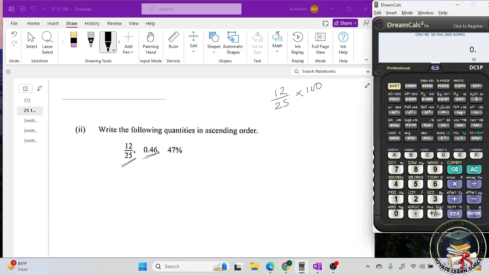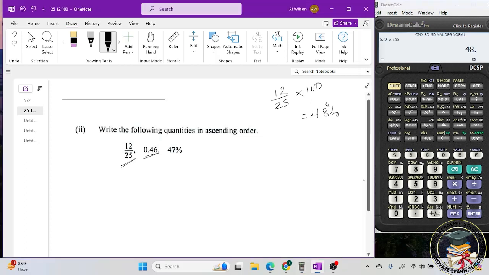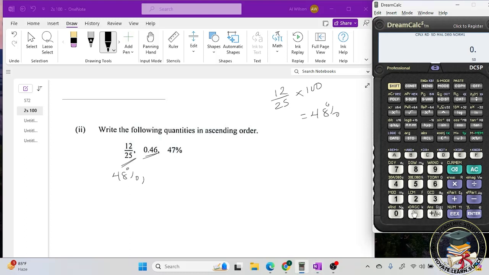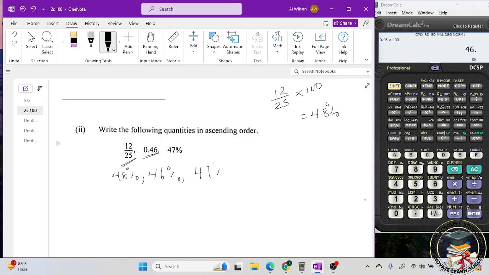That's going to give us 48, so that's 48%. Now 0.46 as a percent, we'll just do 0.46 times 100, and that's going to give us 46%, and then we have 47%.